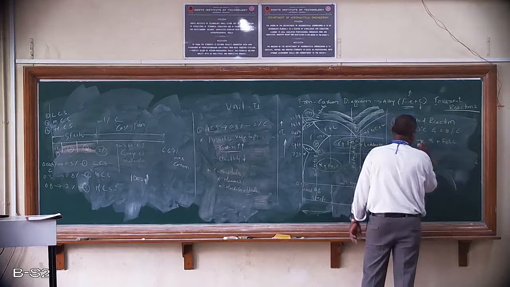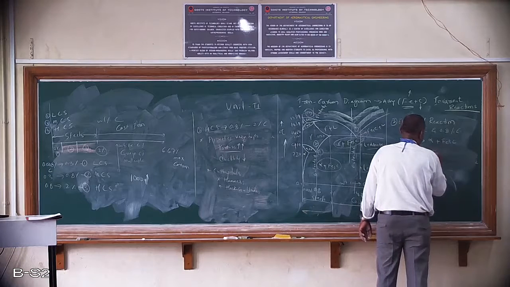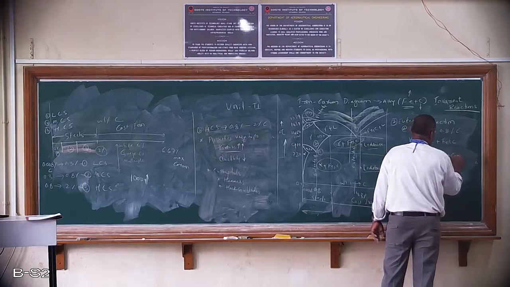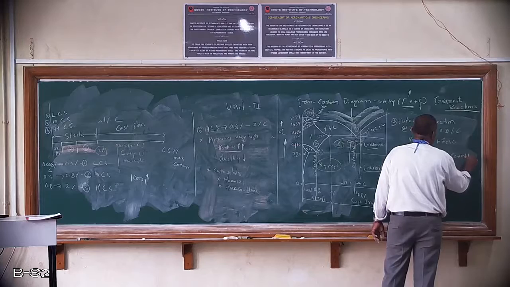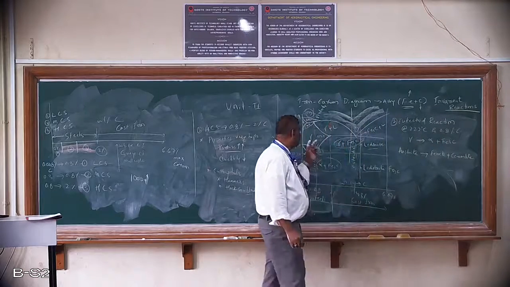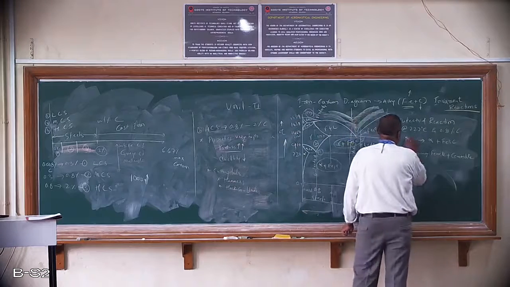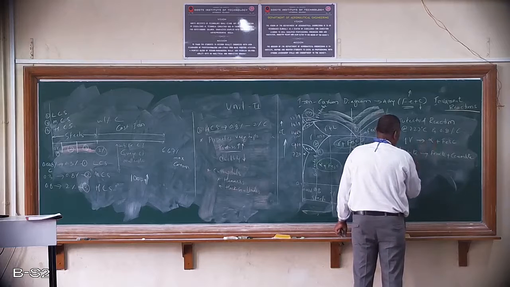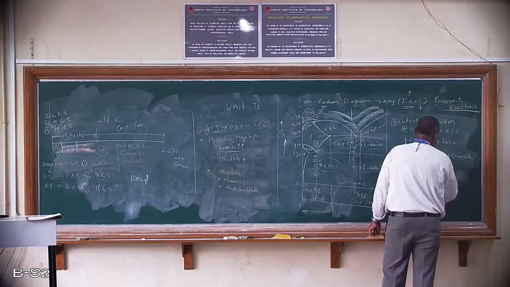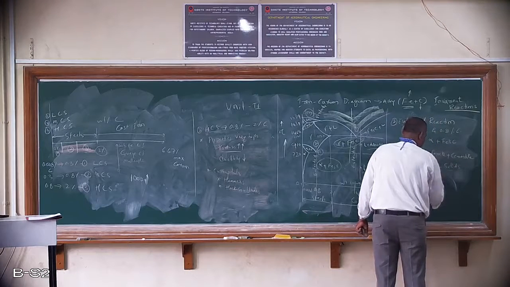So this austenite is transferred to ferrite and cementite. One molecule of austenite, one molecule of solid, is transferred to two molecules of solids. Which are these solids?